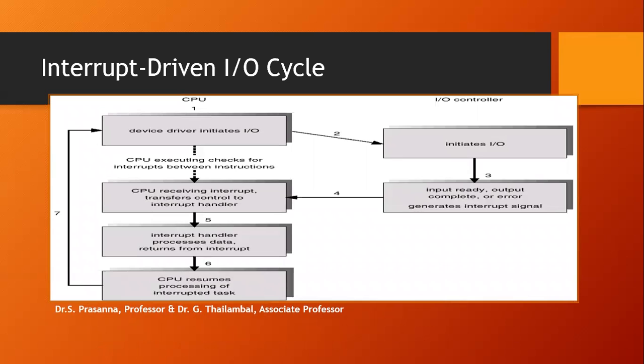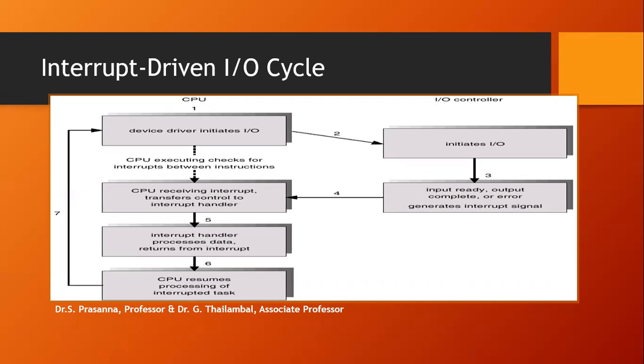And the interrupt driven I/O cycle. In this diagram, we can see that the CPU has a device driver that initiates I/O. So the I/O is initiated in the second step, and in the third step, you can see input ready, output complete, or error. Any state of the I/O device will be shown.